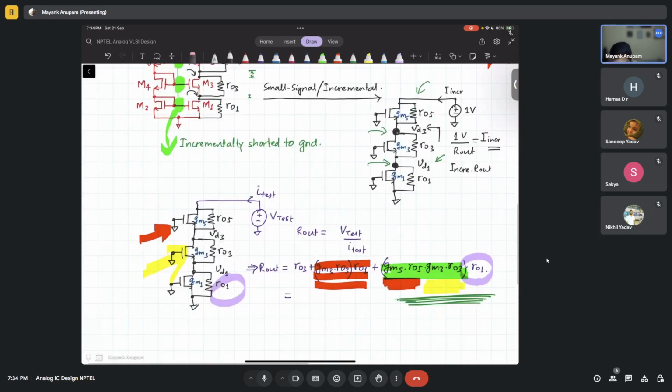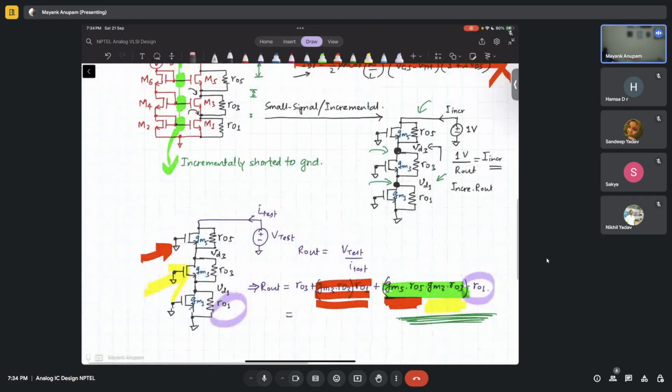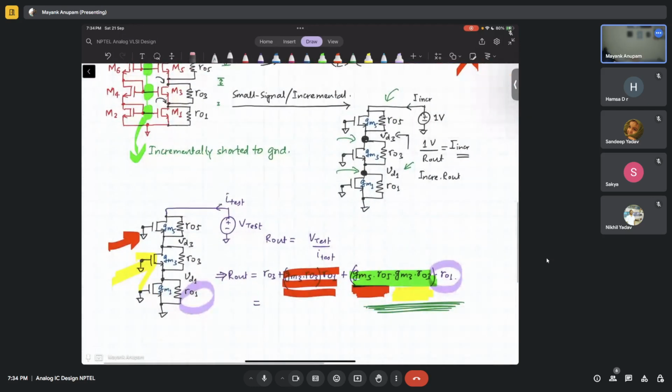So coming to this point made by Sakya. Tell me, Sakya, how will this look? This will be 1 volt here, okay, and first this is R out, the earlier R out, right? So let's call this R out 2, and this is R out. This was the first case.